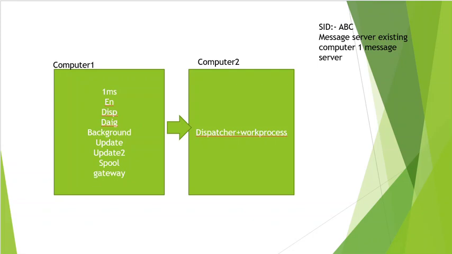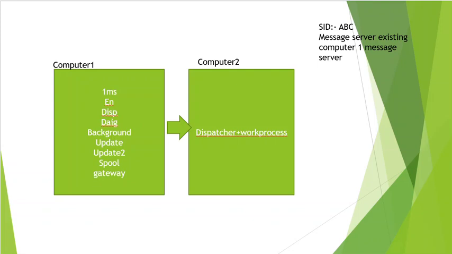Now people are calling them primary application server and secondary application server. So you can have multiple application servers: computer 1, computer 2, computer 3, computer 4, or server 1, server 2, server 3, server 4, and so on. But irrespective of how many additional application servers I have, my message server will be only one.